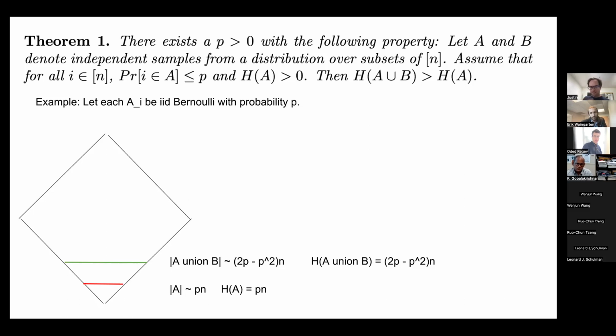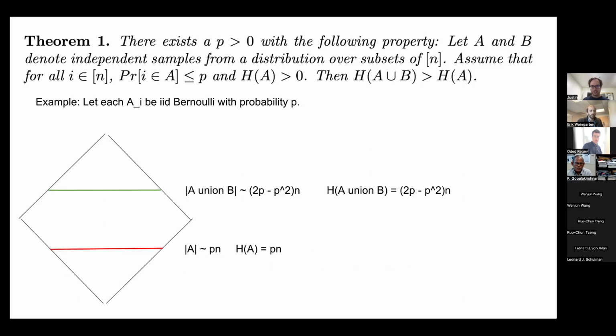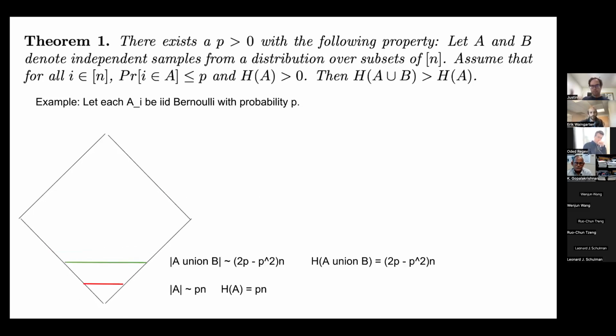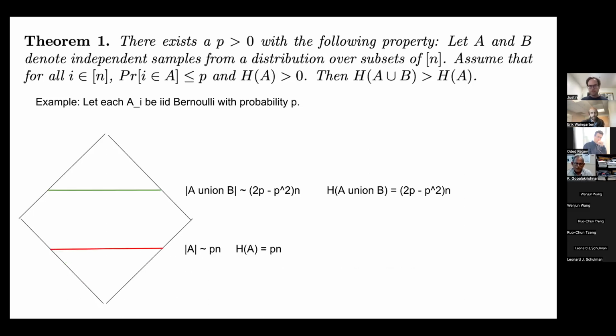H of A should not be p times n. It should be H of p times n. And H of A union B should be H of 2p minus p squared times n. I apologize for that. But the point is that when p is small, the entropy of A union B is going to grow.